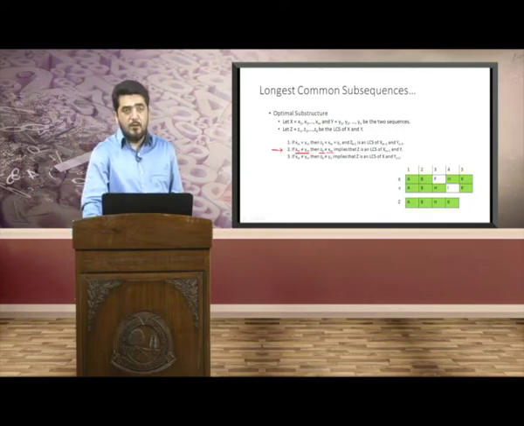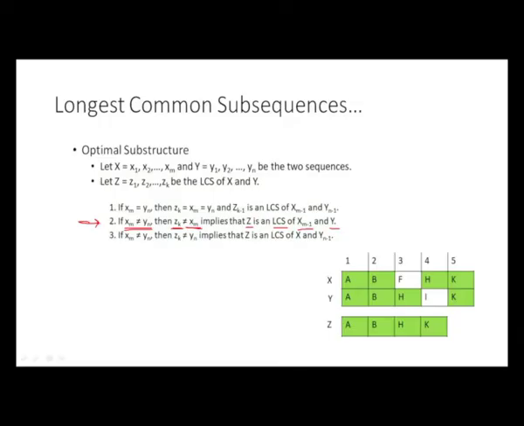Okay. So from the example, let's take the case when our input sequence x is equal to a, b, f and h, and k is not there. Similarly, y is equal to a, b, h and i, and k is not there, and our longest common subsequence would be a, b and h for these two input strings.